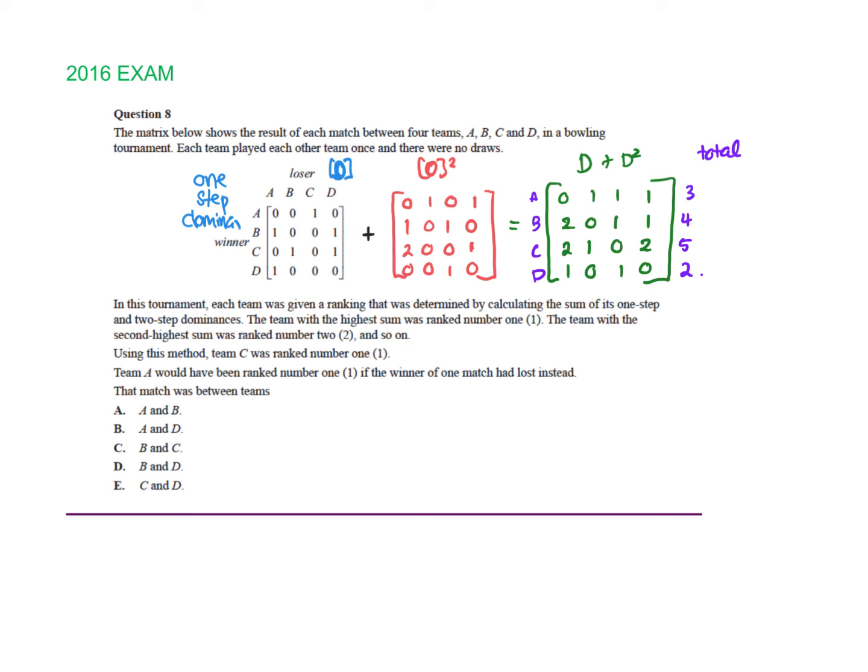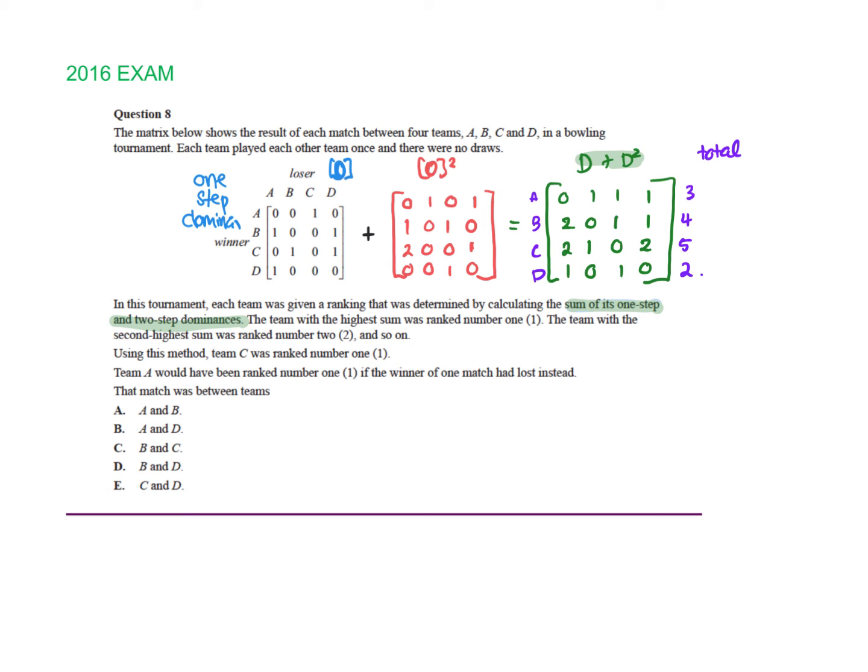And then it says down below, in this tournament, each team was given a ranking that was determined by calculating the sum of its 1 and 2-step dominance, okay? So once again, they want the sum of the 1 and 2. So that's what they did up here, okay? So the team with the highest ranked sum was ranked number 1. So if you have a look here, I've done it.